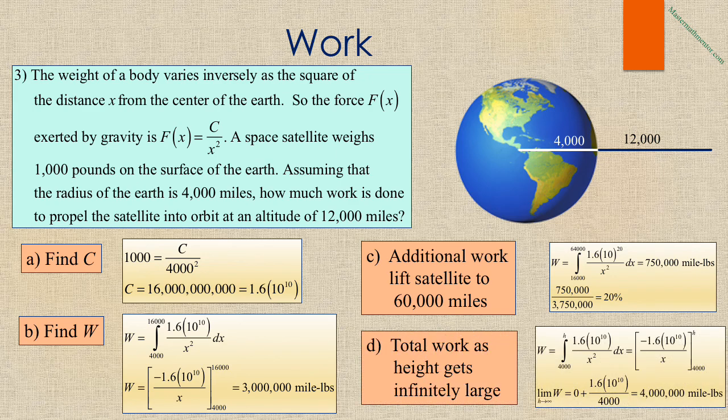We see that as we get further and further from the surface of the Earth, the work required to lift the satellite to that height gets smaller and smaller. So if we want the total work to get the satellite infinitely high, we look at the work to be the integral from 4,000 to h of 1.6 times 10 to the 10th over x squared dx, which is negative 1.6 times 10 to the 10th over x, evaluated from 4,000 to h.